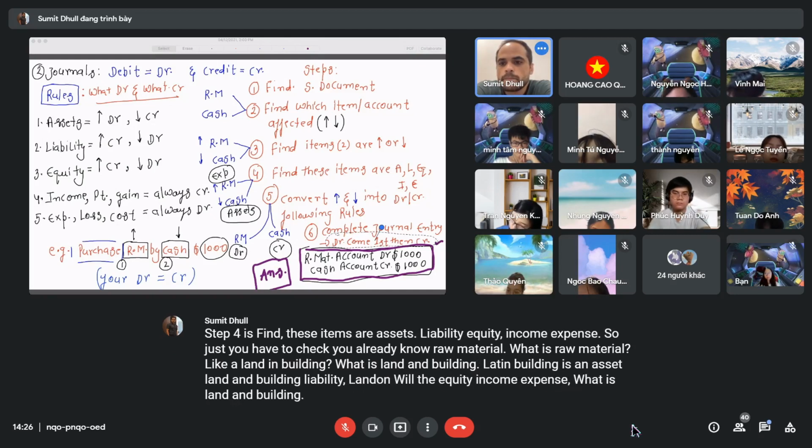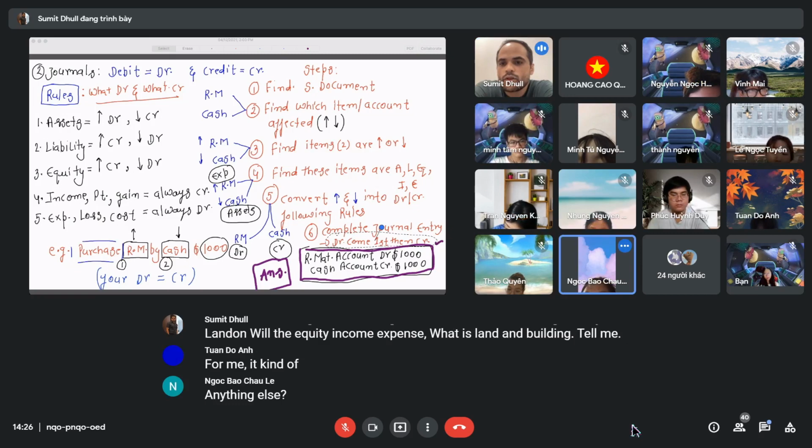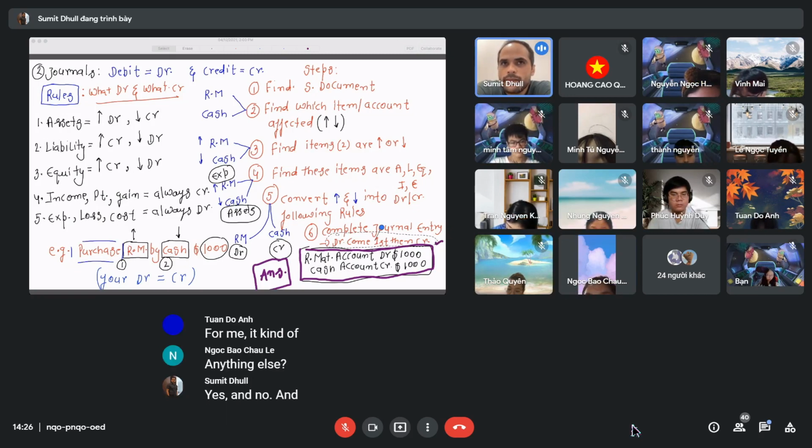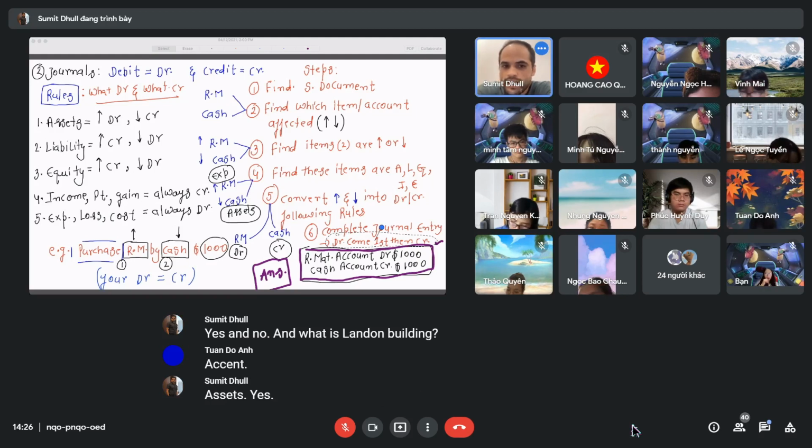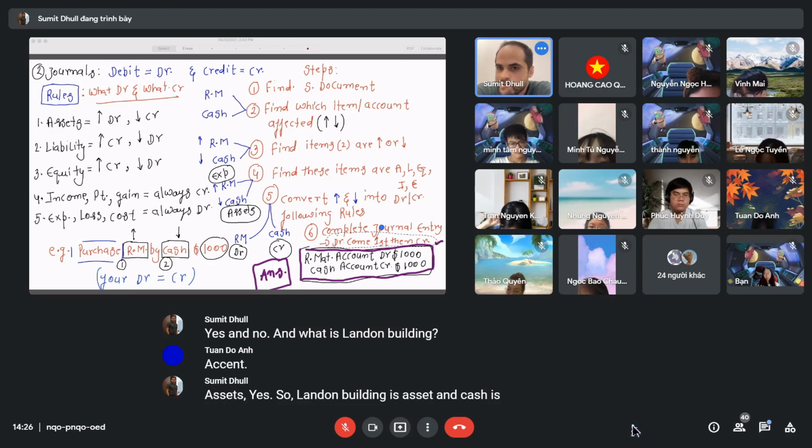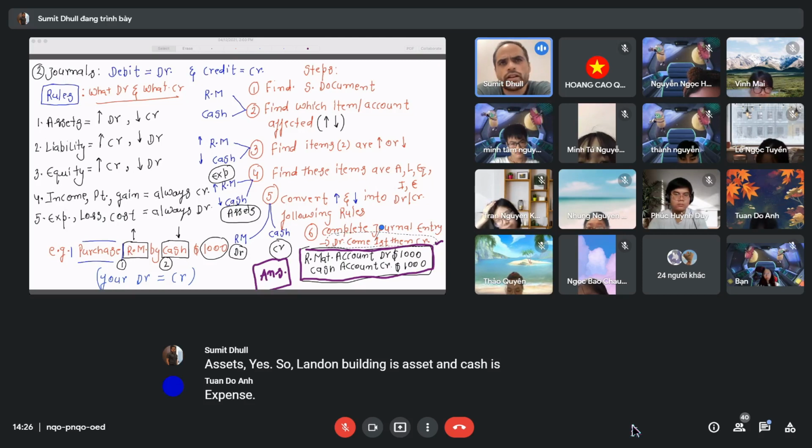Tell me. Assets. Yes. So land and building is an asset, and cash is... Expense? Can you go and check what is cash?